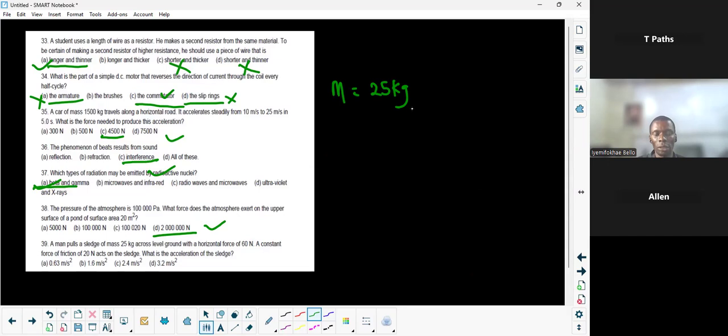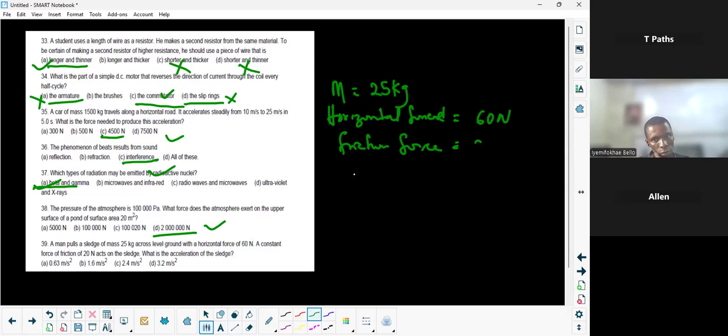Let me put it here as horizontal force. Horizontal force is 60 Newton. And we have the frictional force. The frictional force is 20 Newton.